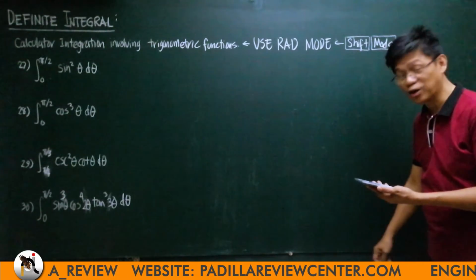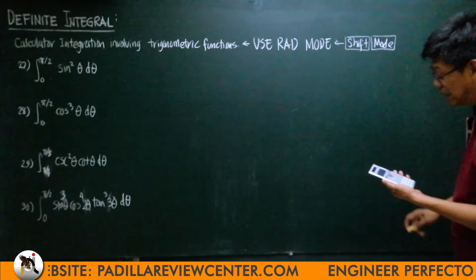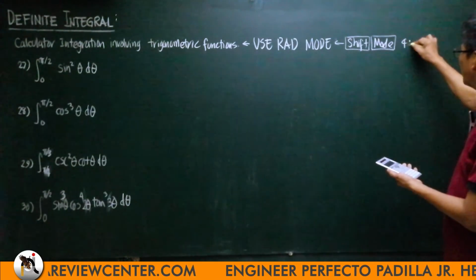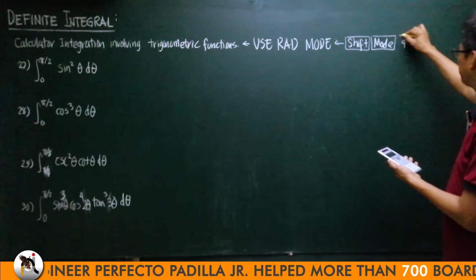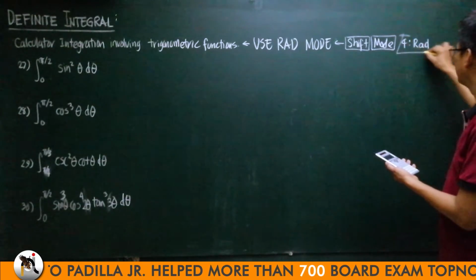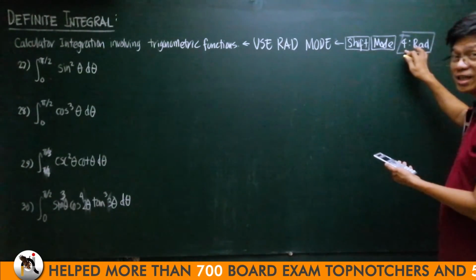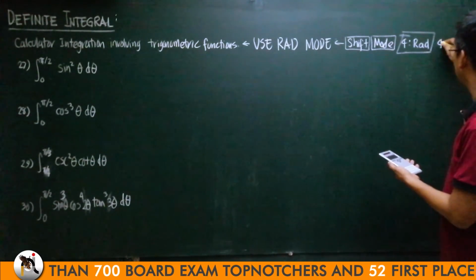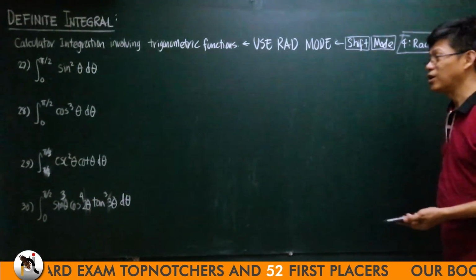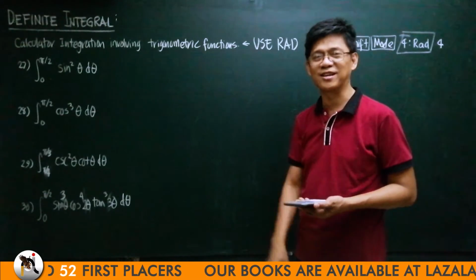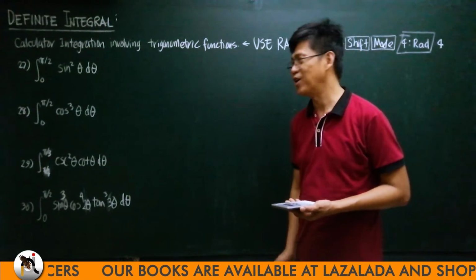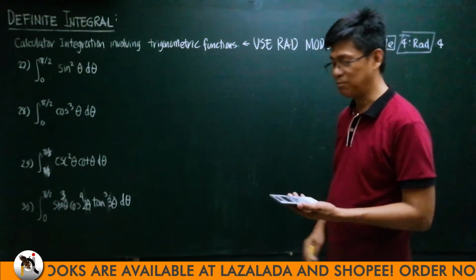Your calculator will display a menu, and the number 4 is for radian mode. So press number 4. This is the display. Okay? You'll notice a very small letter R above. So you are now in radian mode.